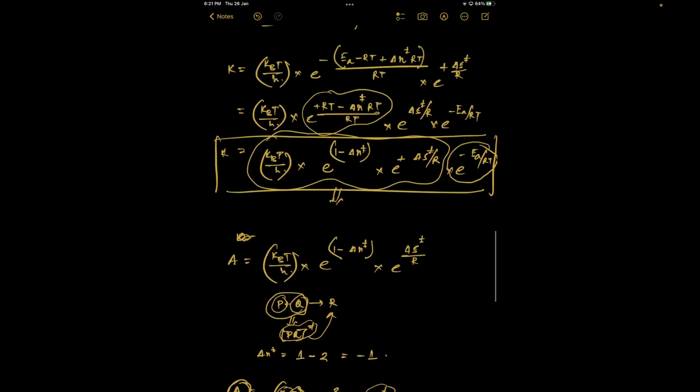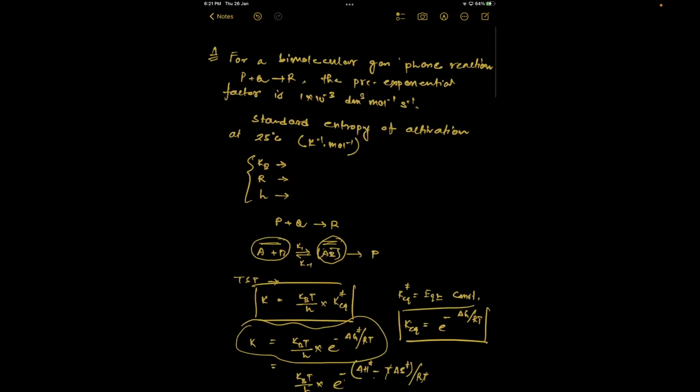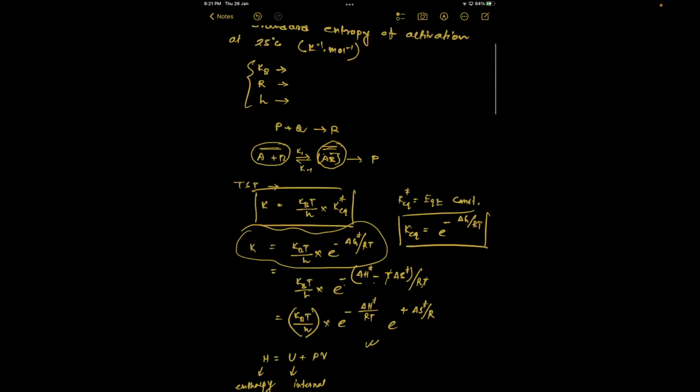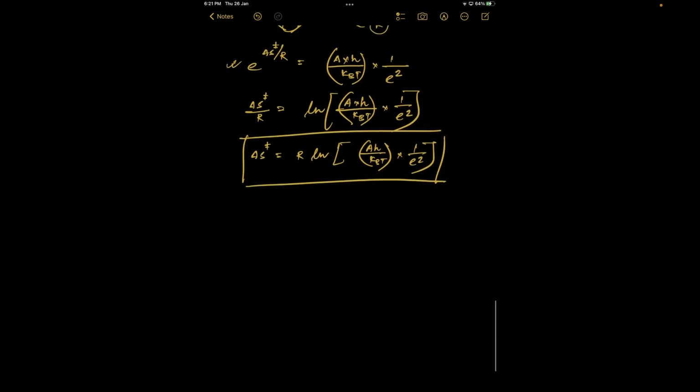Now just put the value of R. R means universal gas constant. Here the R value is given, 8.314 joule mole inverse Kelvin inverse. So it is 8.314 joule mole inverse Kelvin inverse times ln.